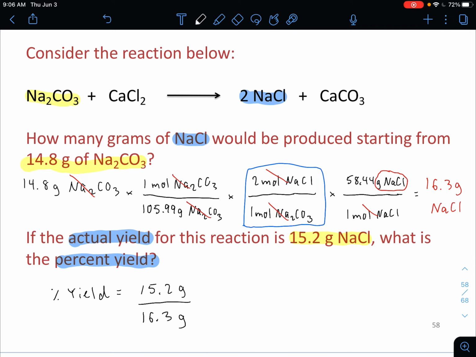So what I actually got divided by what I theoretically should have gotten times 100%. Okay, 15.2 divided by 16.3 times 100, 93.251, so we'll call it 93.3%. So pretty good, right? Fairly close to the theoretical value that we wanted.